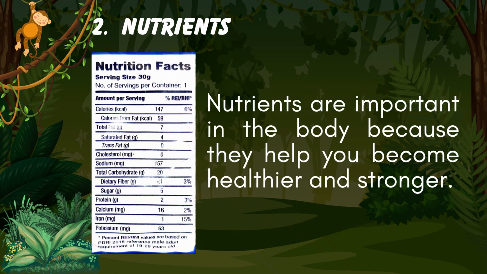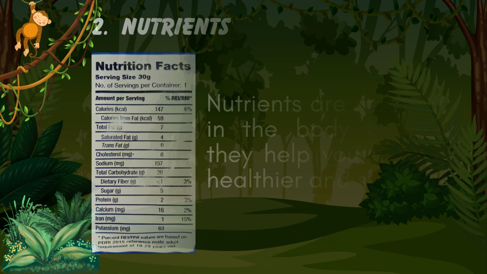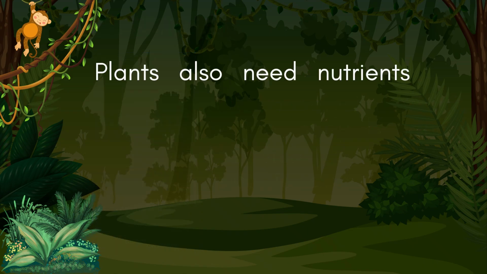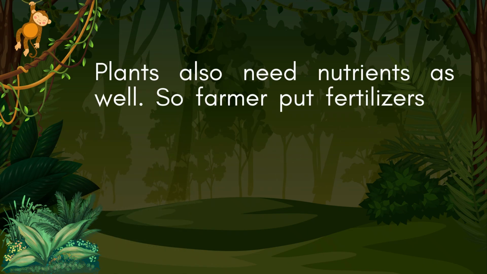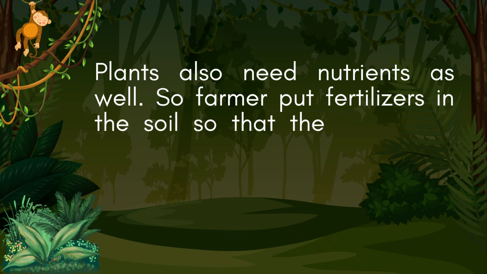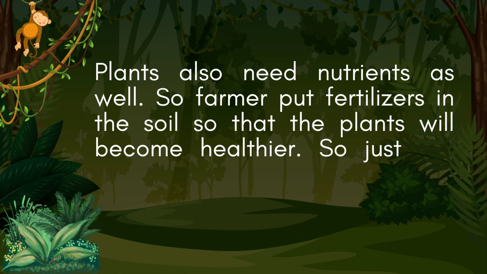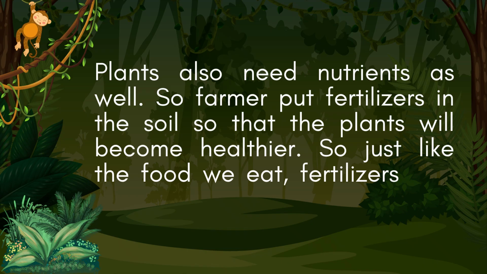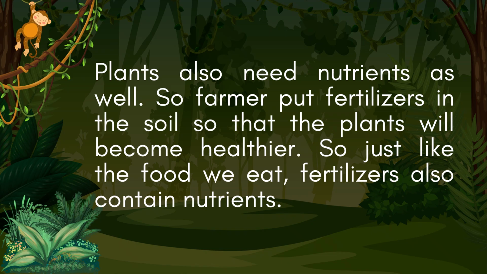Nutrients are important in the body because they help you become healthier and stronger. Plants also need nutrients as well. So farmers put fertilizer in the soil so that the plants will become healthier. So just like the food we eat, fertilizers also contain nutrients.